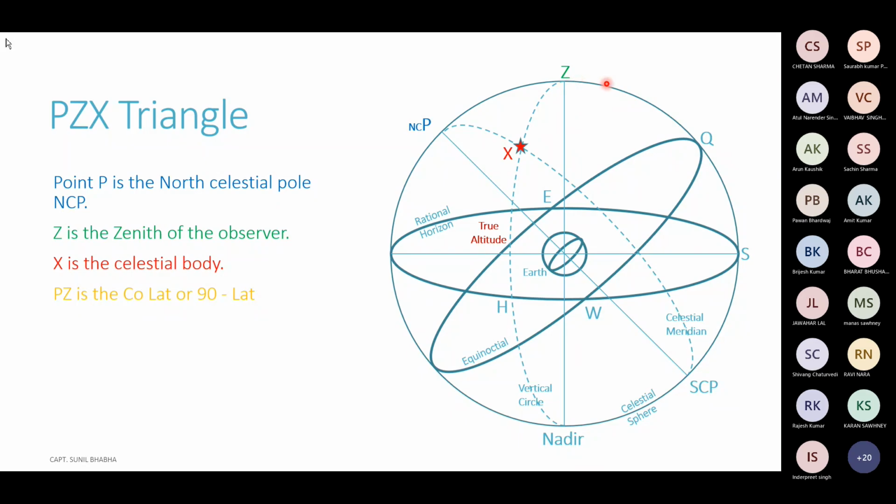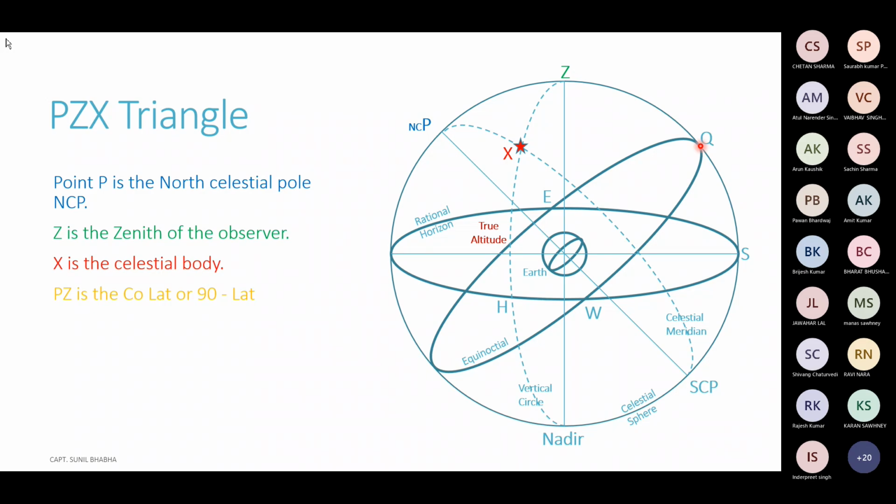This arc from the Q point to the zenith of the observer represents the latitude of the observer. Since Earth and the celestial sphere are concentric, whether you measure this arc on the surface of Earth or on the celestial sphere, the arc is going to remain the same. So ZQ or QZ is the latitude of the observer.